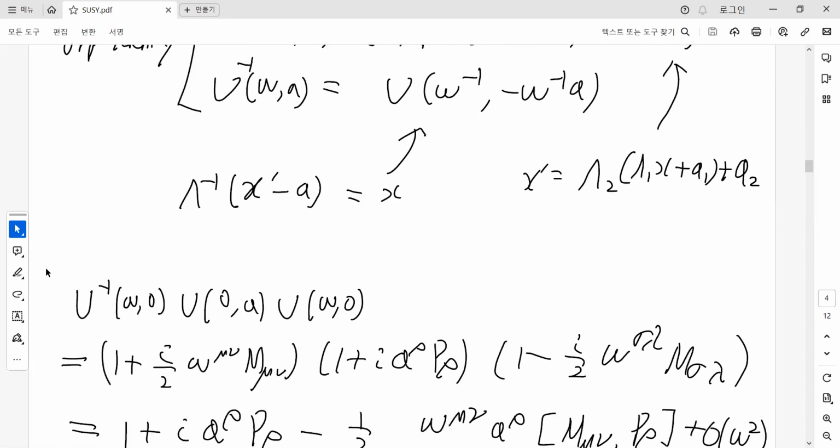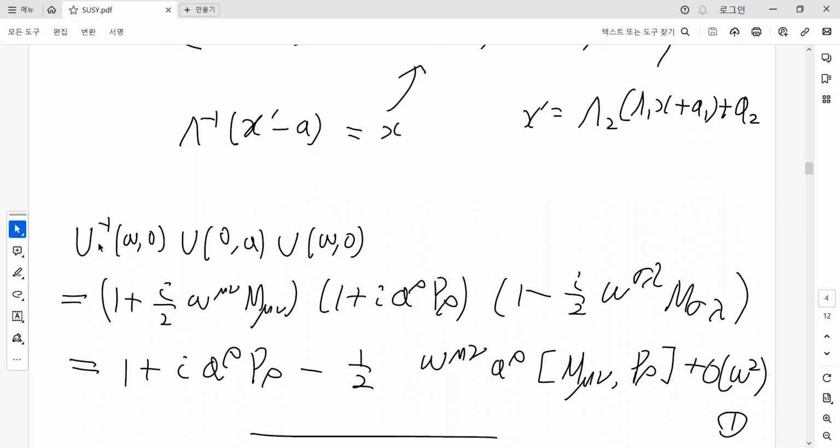If we consider such a conjugate form of the group element, which appears many times in algebra and group theory, this element is the transformation with M mu nu.